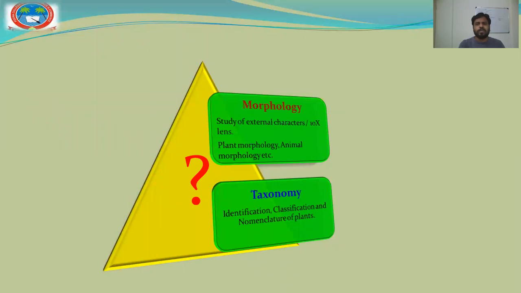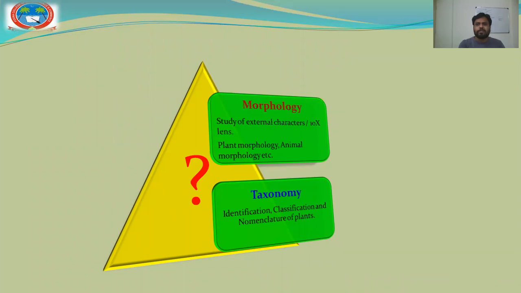Now, morphology we can define as the study of external characters of an organism, or those characters which we can see with our naked eyes or by using a 10x lens.